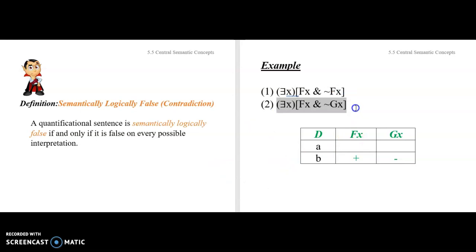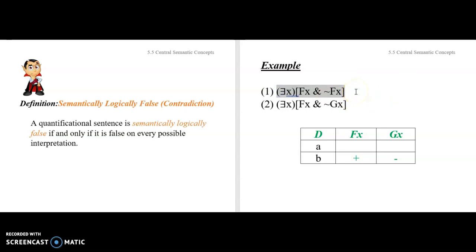Okay? And once again, you can prove that a sentence is not a contradiction by providing at least one interpretation according to which it's true, but you cannot prove that a sentence like this one, okay, is a contradiction simply because you can't scroll through every possible interpretation and check whether the sentence is false on every single one of them. Again, we will be able to prove that the negation of this, rather, is a theorem of logic starting in chapter 6.